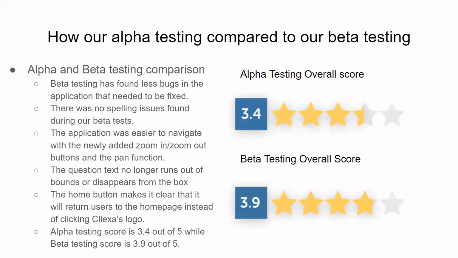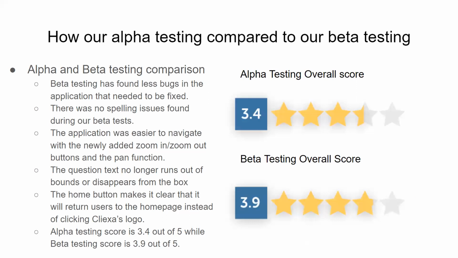Thank you. So now I'll go over how we did with testing. Our alpha phase of testing was our application that hadn't been tested by anyone. And we gave it to 6 different testers that were provided by Cliexa with instructions and access to the application.